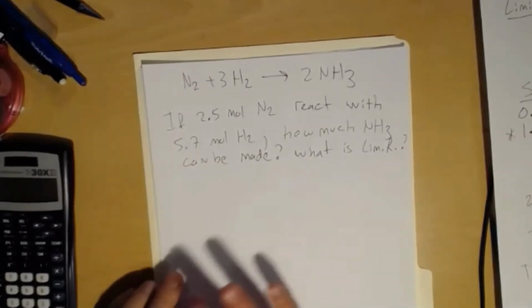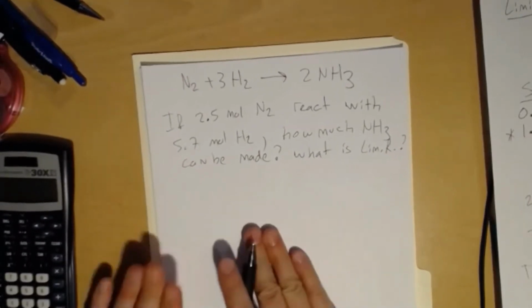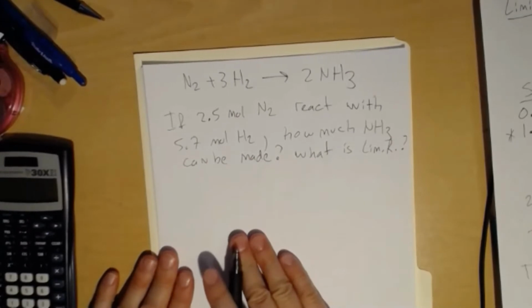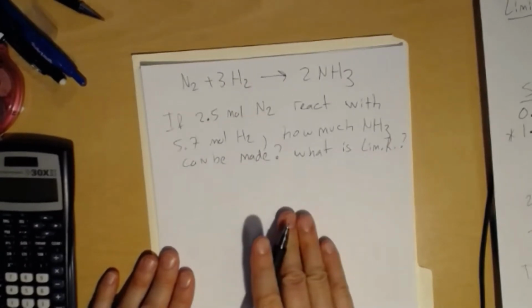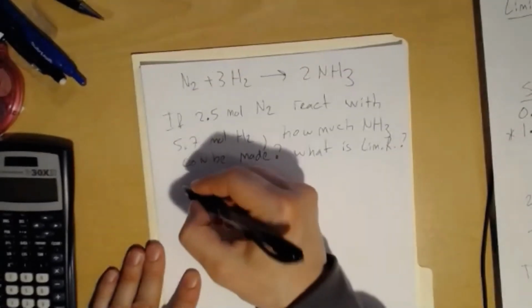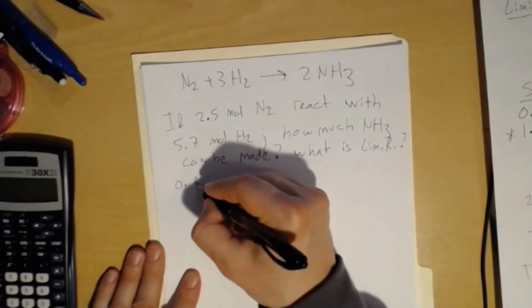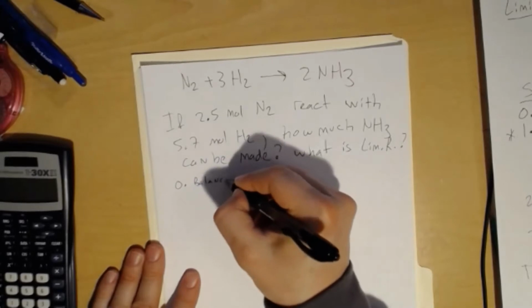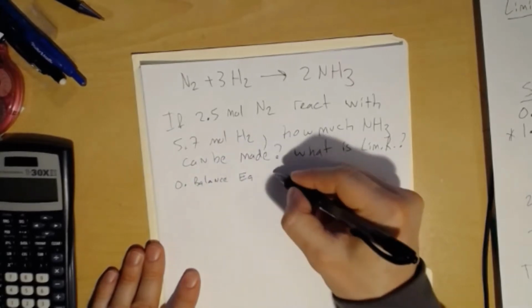All right. This example is a little bit more simple, but we're just going to go from moles to moles. So step 0, balanced equation. That's above.